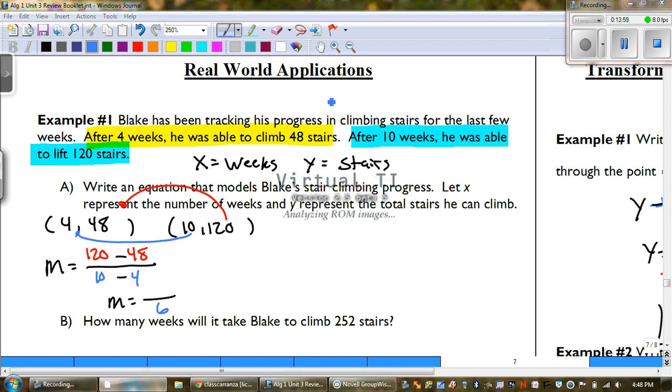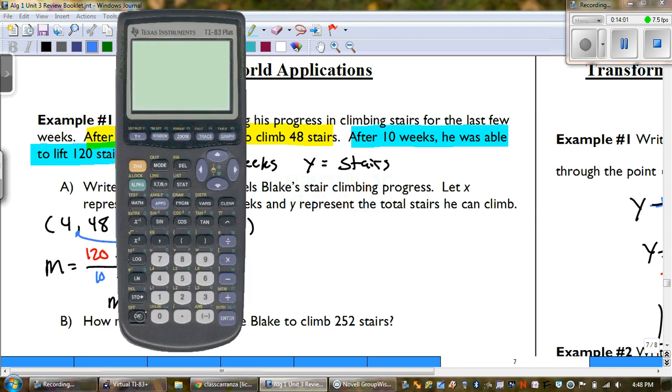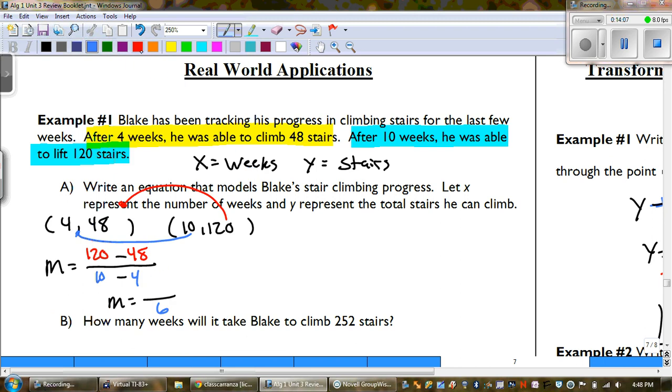Well, let me take out my calculator. 120 minus 48, we get 72. And then when you reduce that, 72 divided by 6, you should get 12. So now when we're plugging in, 12 is our slope.